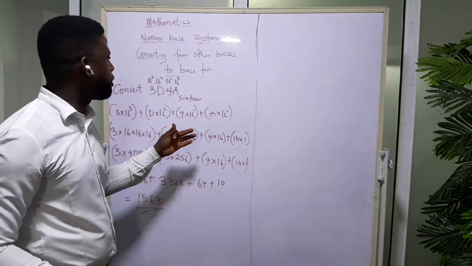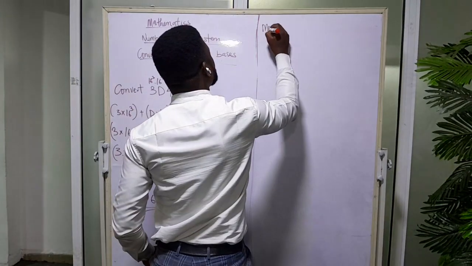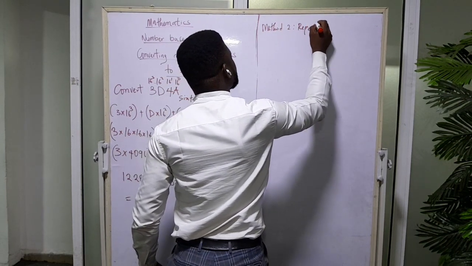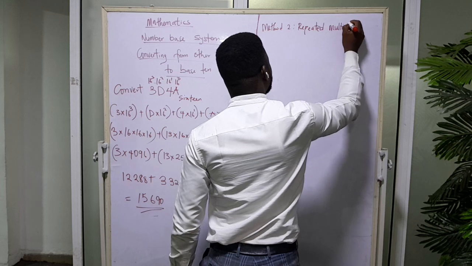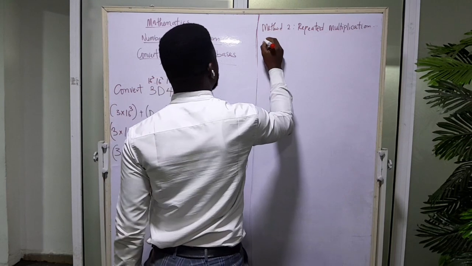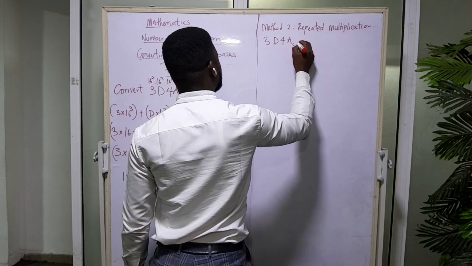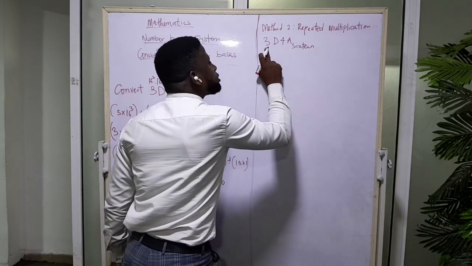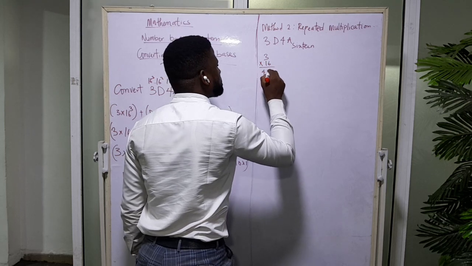Alright, let's use the second method to convert 3D4A base 16 to base 10. Method 2. Of course, the first number multiplies the base: 3 times 16 gives us 48.